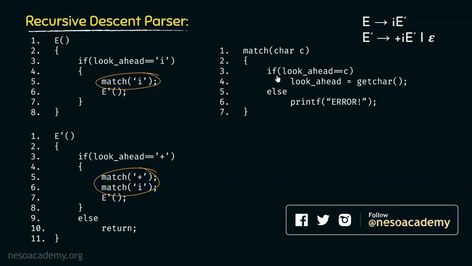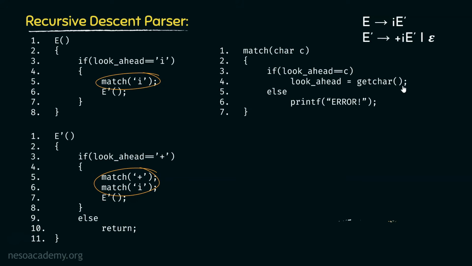Basically the work of this if is we are going to take the lookahead and match it with the parameter which has just been fetched by this particular procedure. And if this matches, in that case, the lookahead will invoke the getChar function, which will fetch the next character from the input stream into this variable lookahead. And if it doesn't match, in that case, due to this else, we will get the output error.